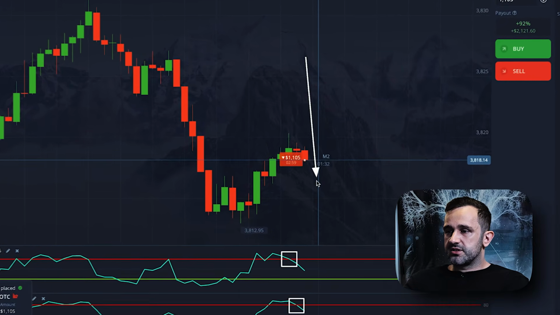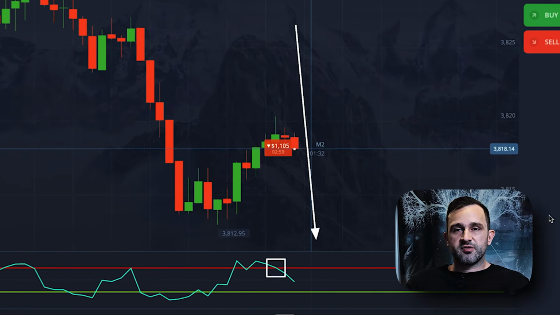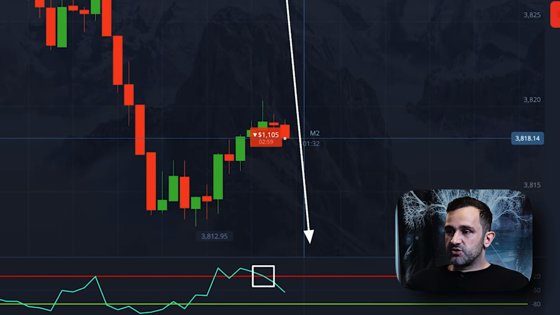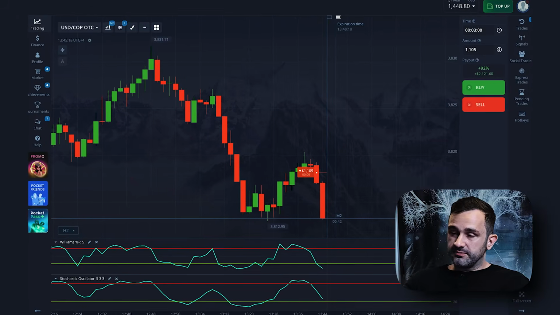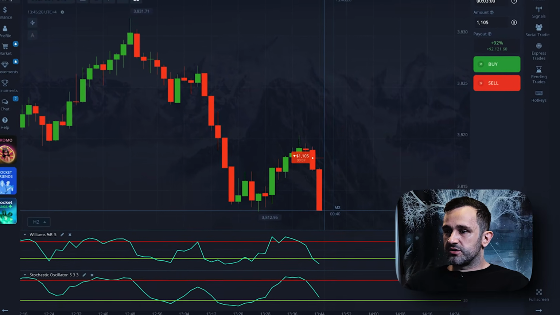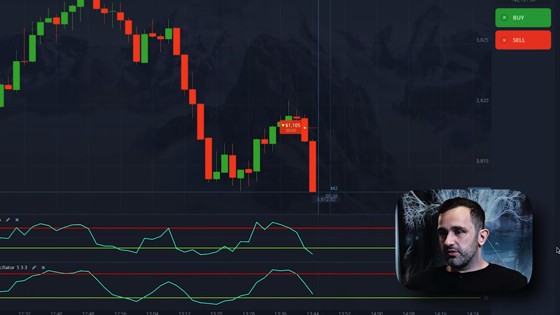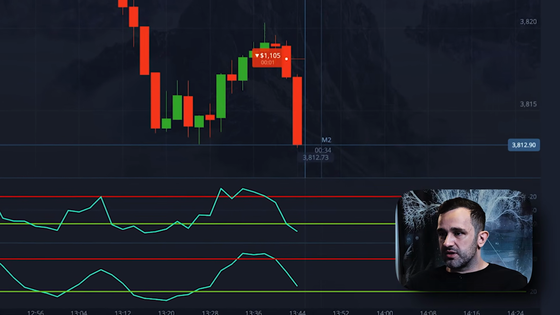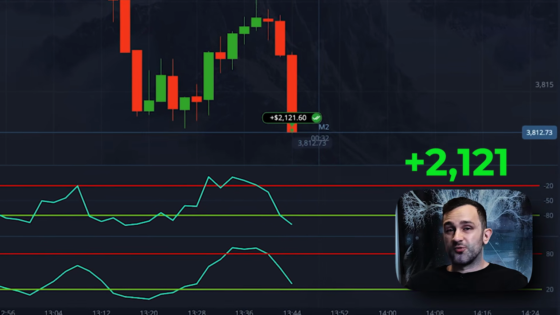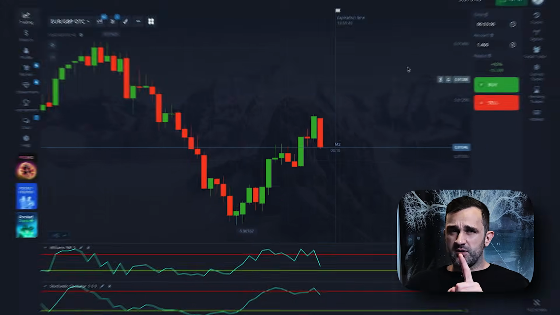This indicates that the recent green candlesticks are no longer supporting further growth. Now, from the candlesticks, we see a slowdown in growth and a red reaction from the top. This shows sellers are re-entering the market. Again, Williams shows overbought and a downward turn. Stochastic confirms weakening growth and candlesticks show the end of the pullback. Wait for the close, and it brings me plus $2,121. Great. Let's open one more trade.